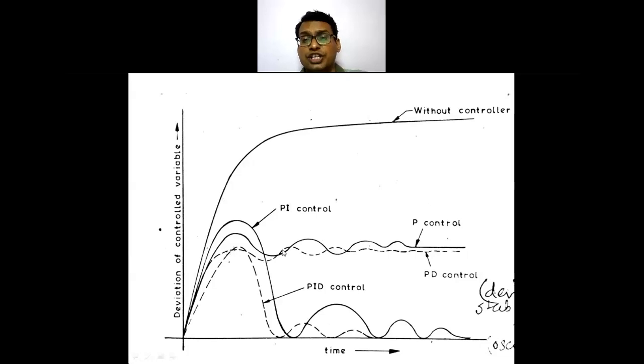There are fewer oscillations when you put in a derivative action.